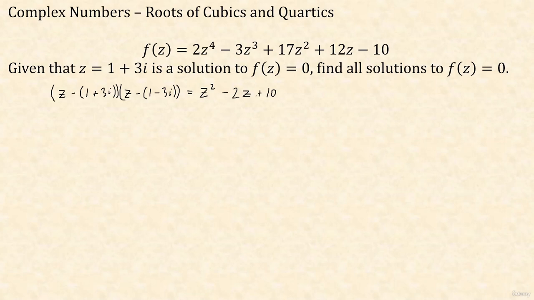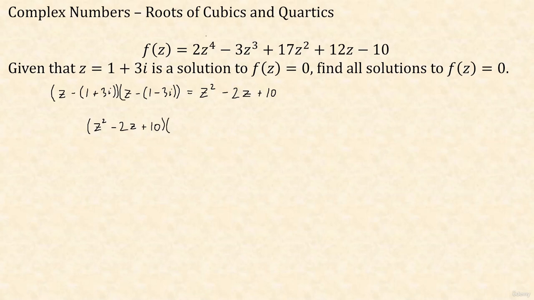Okay, so there's one quadratic factor. Now, we could do a giant grid method division, right? Do that quartic equation divided by that quadratic, and then we'd find the other quadratic factor. But I'm going to give you a shortcut. This is what I would actually do if I was trying to solve this. I would write down one quadratic factor, and then I would think, well, what must the other one be?